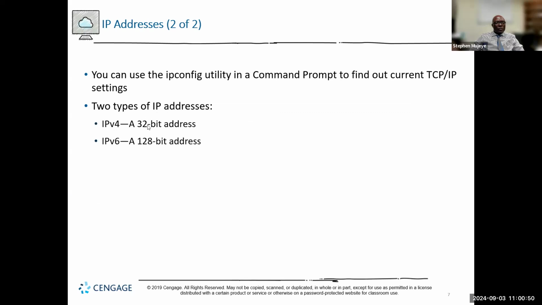There are 2 types of IP addresses: 32-bit, as I mentioned, and then we have the 128-bit IPv6, right? So 32-bit is version 4, and in binary we are operating in base 2, whereas with 128-bit this is going to be base 16, right? So the number is a little bit higher.